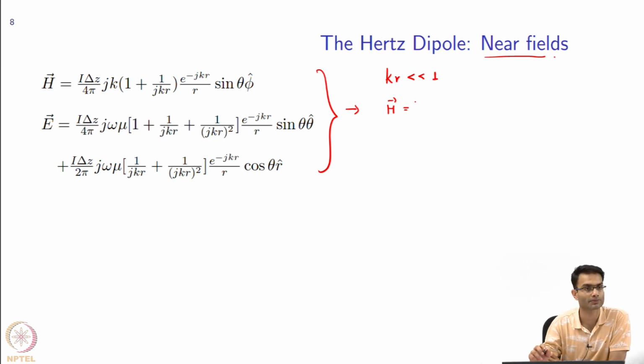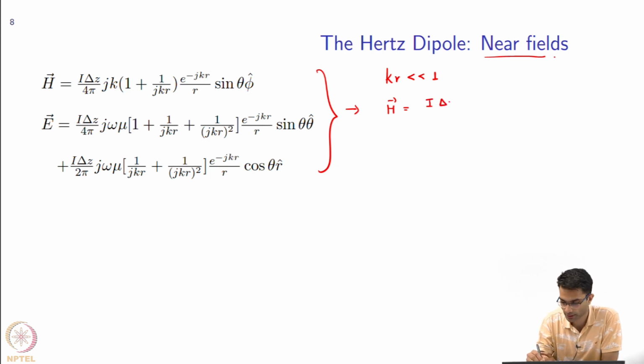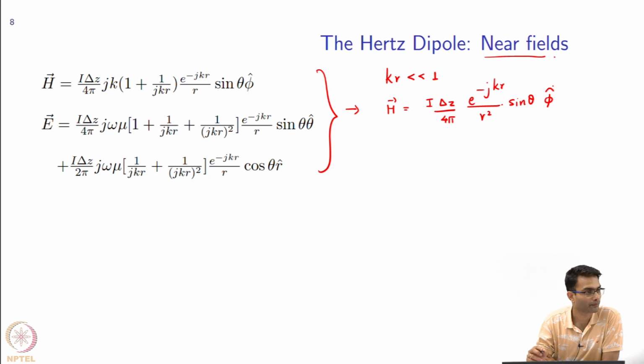So 1 by Kr now is much larger than 1. I will get I delta Z by 4 pi, the j and the j cancel off, and the k cancels off. So I get e to the minus j k r by r square sin theta phi hat. So the magnetic field anyway is in the same direction.